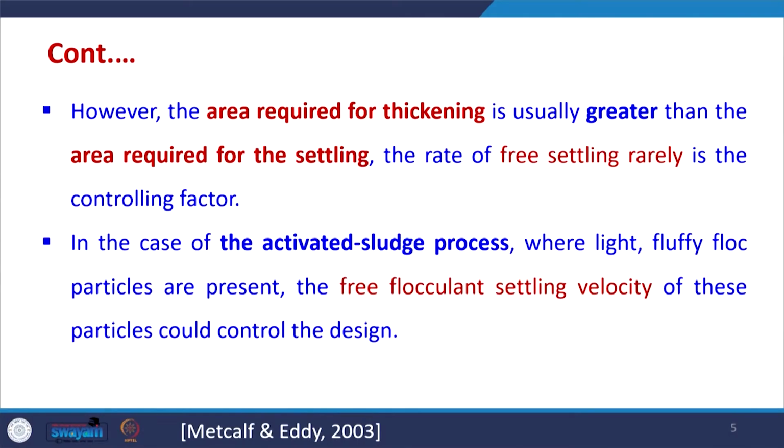In the activated sludge process, where the particles are generally light and fluffy, flocculant settling conditions may sometimes prevail, and under those conditions free settling velocity may become important. Otherwise, the thickening area will generally be higher than the clarification area, and that will be considered.